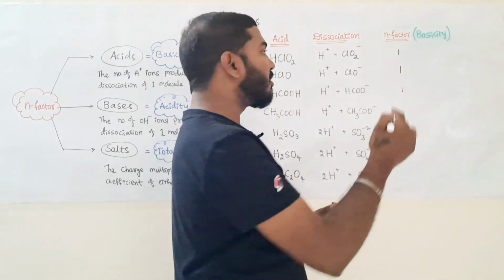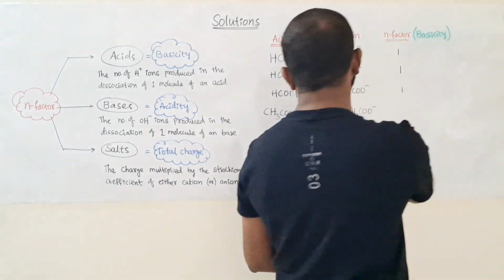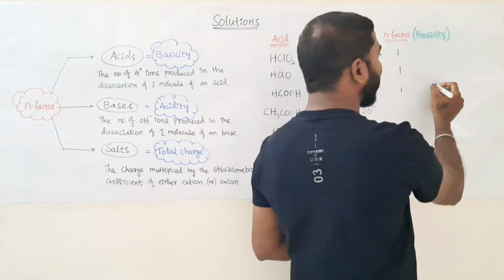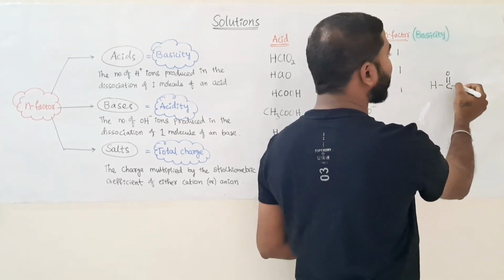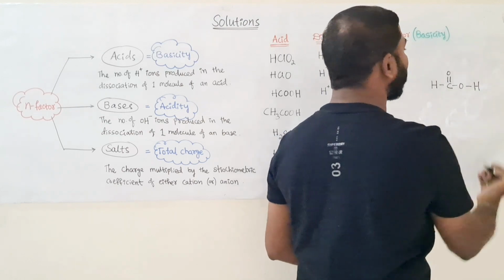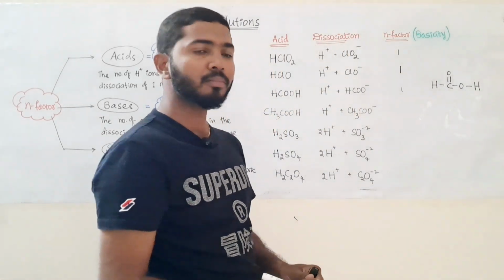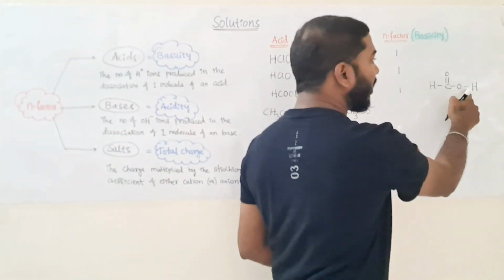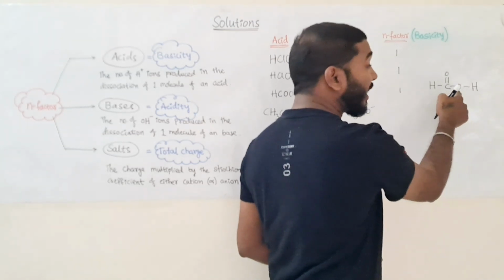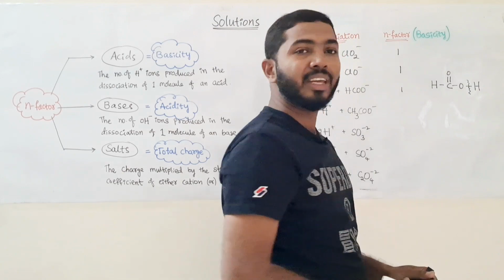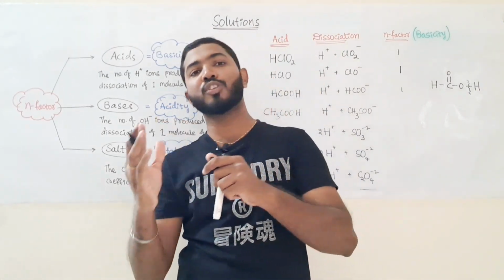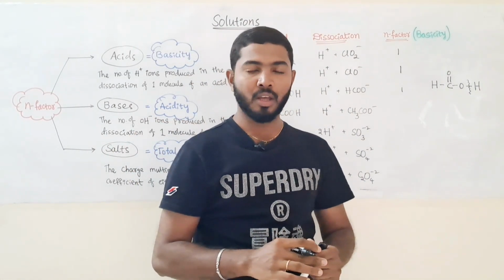Wherever we have this type of case, if you draw the structure of formic acid, it is HCOOH. Yes, this is the structure of formic acid. Now you can see that the hydrogen attached to oxygen can undergo dissociation easily compared to the hydrogen not attached to oxygen.